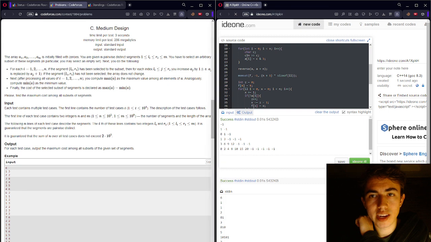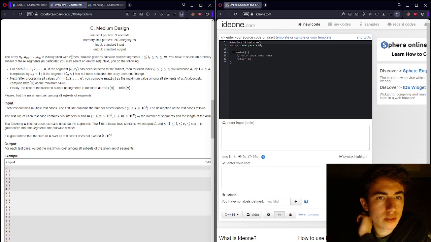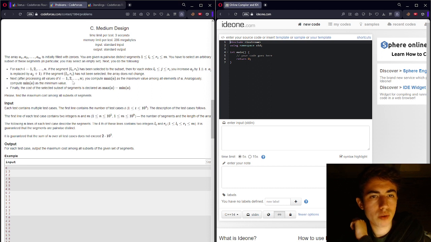Medium design. What is this dumb problem going to be? I bet it's going to be a medium problem. Okay, so we got an array that's all zeros, and we got some segments, exciting stuff. And what are we going to do?